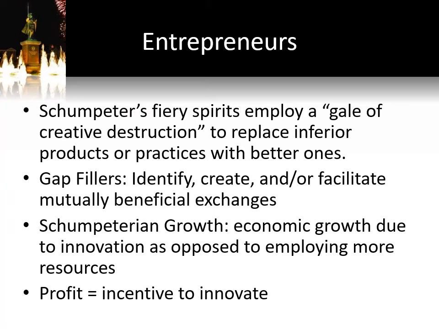Okay, entrepreneurs. So if taking $250 of stuff and selling it for $300 to somebody who values what you've made at $500 is awesome, we've now got a sense of what an entrepreneur does.